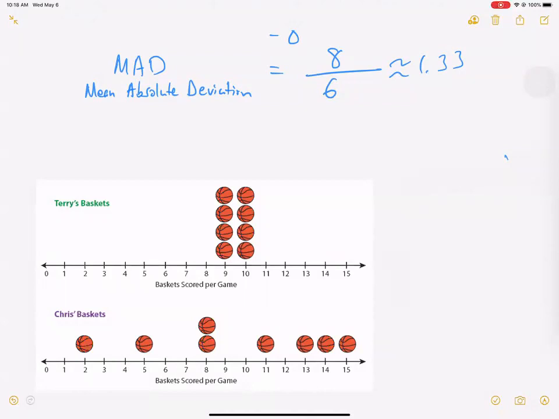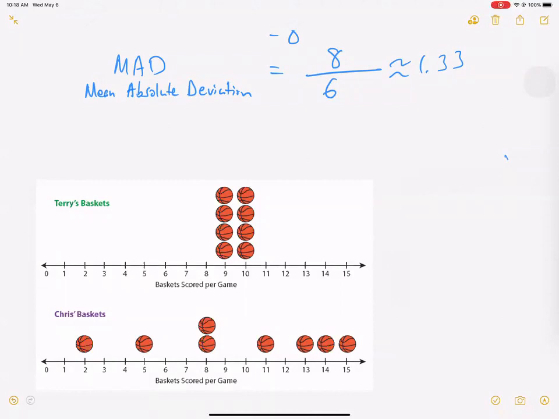You know what? Terry's more consistent versus Chris. Chris has some awesome days, and sometimes he has some bad days. So if I'm looking for consistency, I need to figure out on average how far are his point scores away from his average, that 9.5 score.